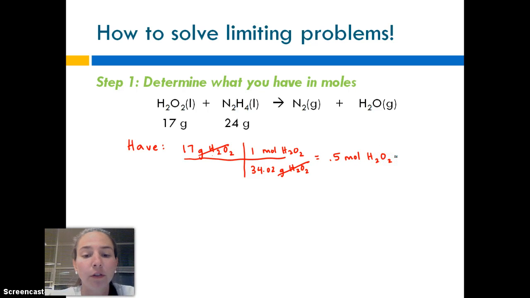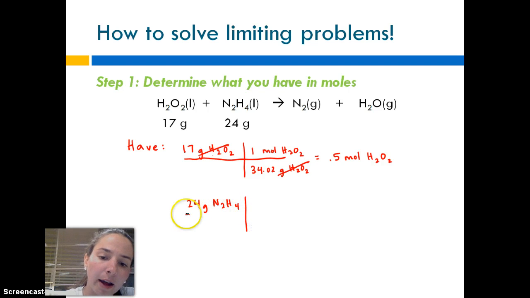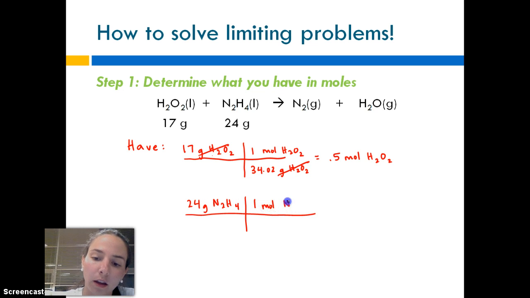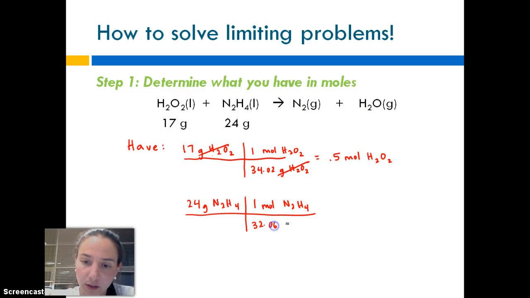And so I'm going to do the same thing to figure out how many moles of the hydrazine I have. So this time I'm going to start with 24 grams of N2H4. I need the molar mass, so the mass of 1 mole of N2H4. And remember, I get this information from the periodic table, so 2 nitrogens plus 4 hydrogens gives me 32.06 grams of hydrazine for every 1 mole of hydrazine.